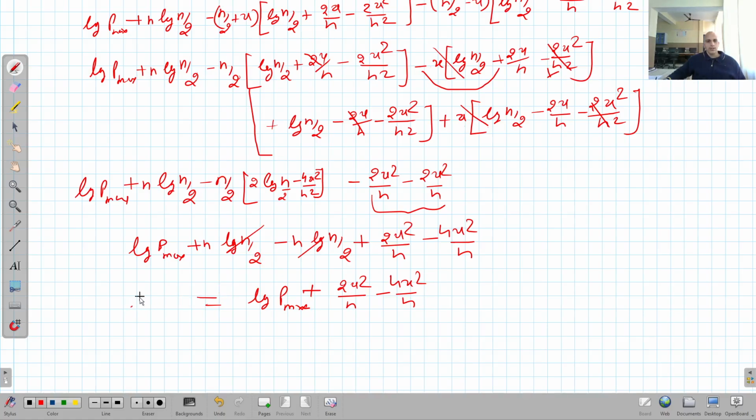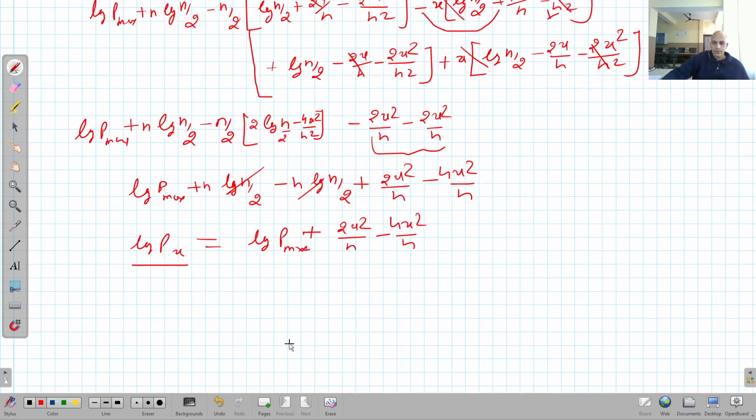This is log of px. So this is the required probability. So I can rearrange, I can take this to this side. It will give me log of px upon p max, right? That will be equal to 2x square upon n minus 4x square upon n, right? When I simplify, it will give me minus 2x square upon n on this side, right?